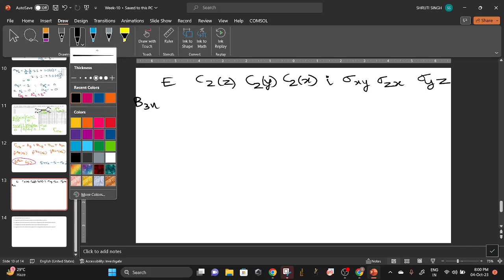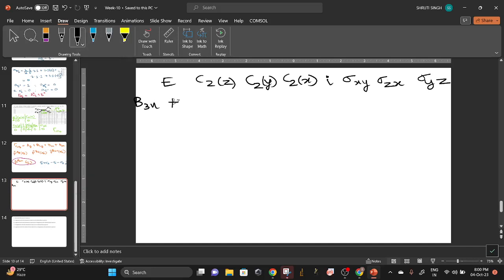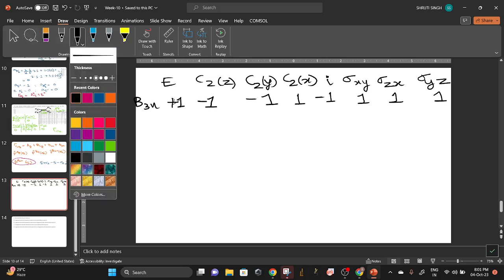The characters, copying from the character table: first is plus 1, second is minus 1, this is minus 1, this is 1, i is minus 1, this is 1, 1, 1.